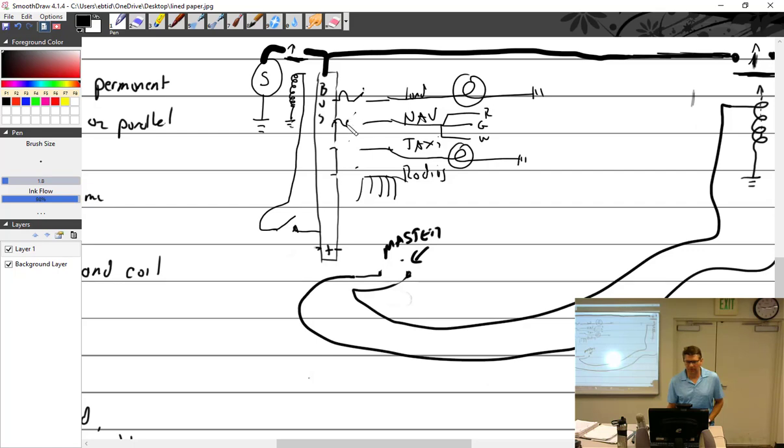Circuit breaker, switch. Circuit breaker, switch. Circuit breaker, switch. The circuit breaker is literally screwed to the bus bar. There is no bus bar, then wire; it's screwed right to it. There's screw holes in it, and they just screw it right there.